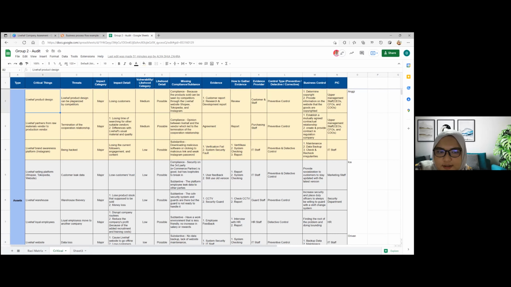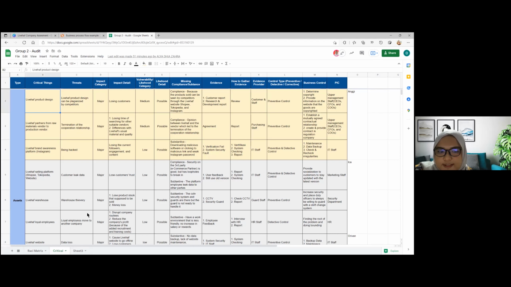The first critical thing is Livehaf product design, and the threat is that Livehaf product design can be plagiarized by competitors, and the impact category is major. The impact details will be losing customers. Vulnerability will be medium. Likelihood details is possible.